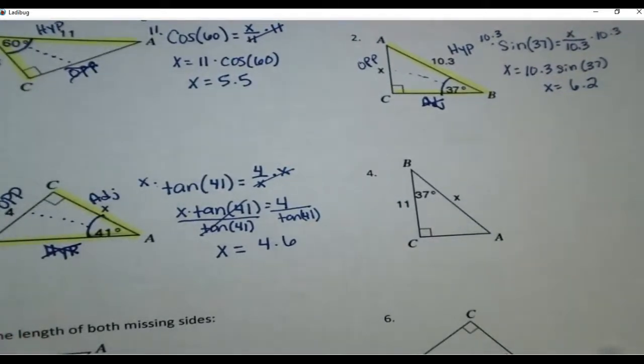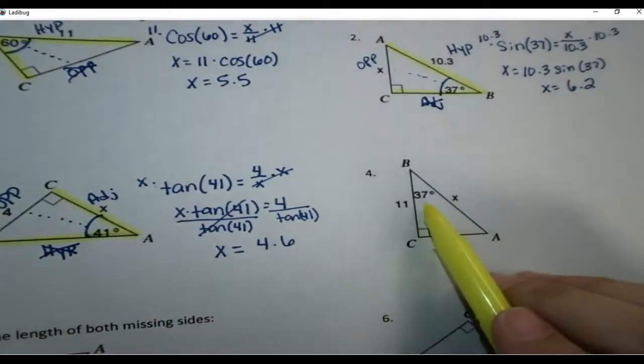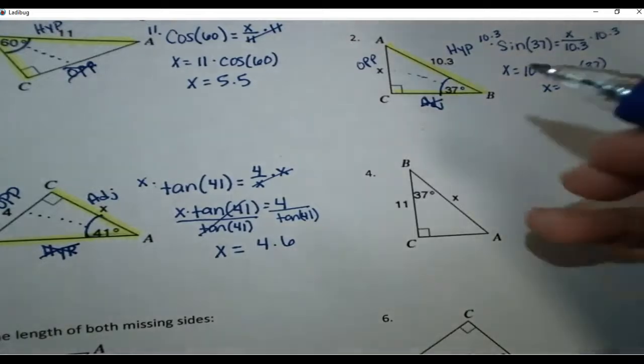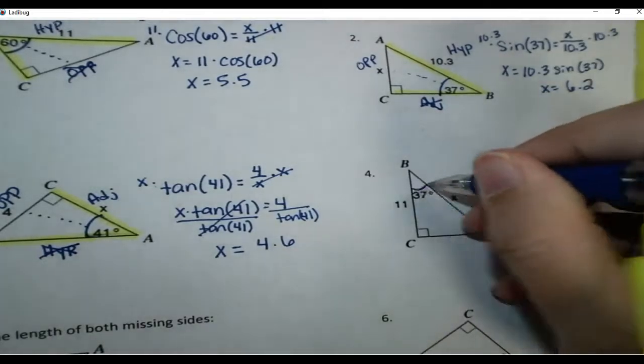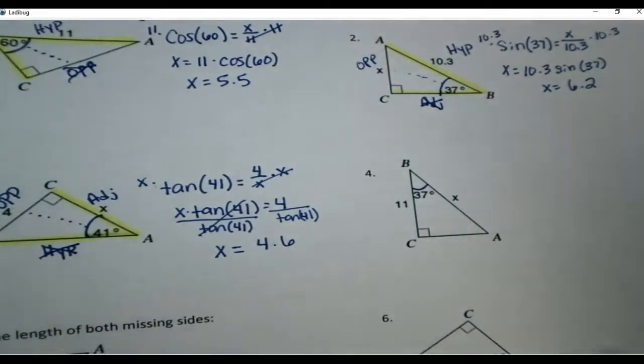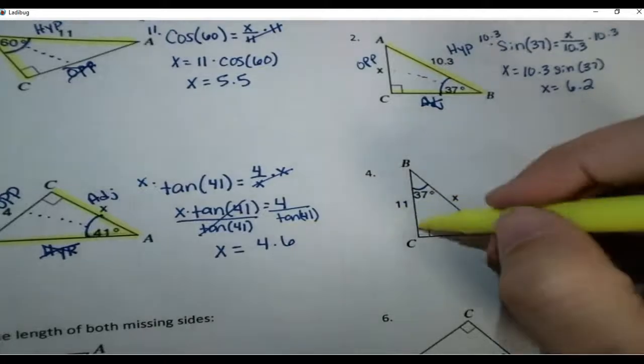Okay, one more. Let's look at 4. So 4, we got 37. That's what we're highlighting. Again, if it helps, you can arc the angle, and those are your 2 sides that you highlight.